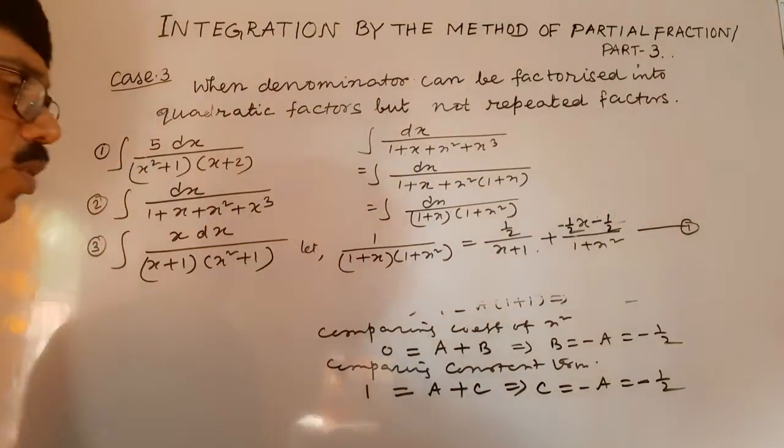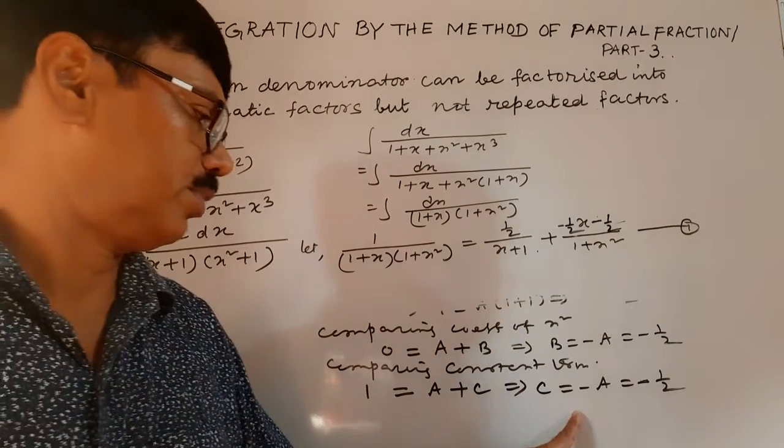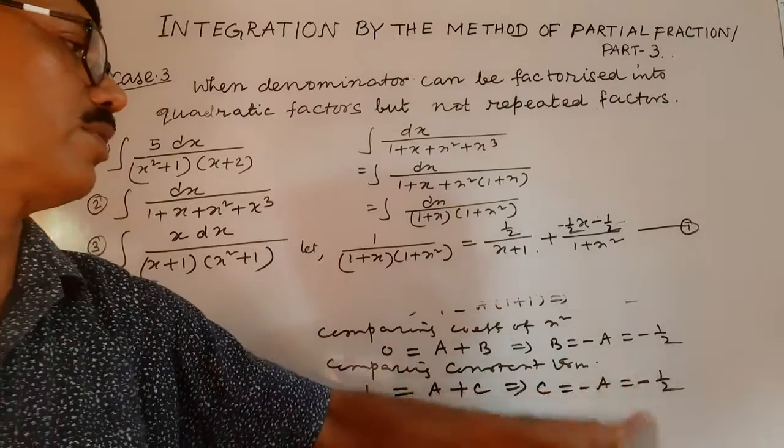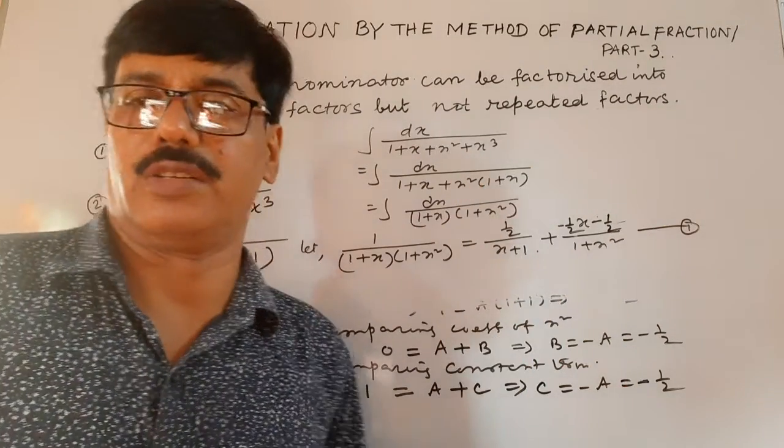Sorry, so we are getting A equals half, and B as minus half, C as half. So putting values we get this.